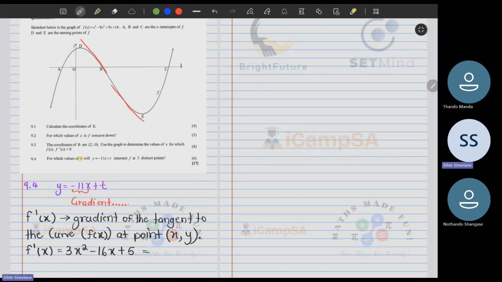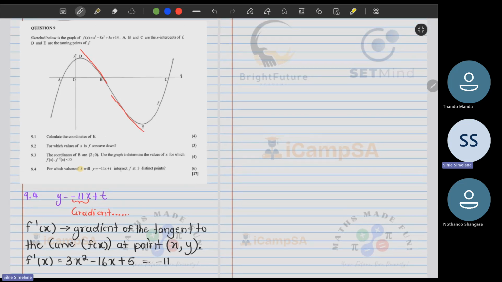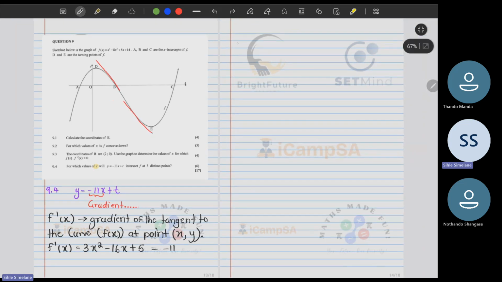So we can try and find out when this expression has a gradient of negative 11. That will tell us where this line is touching our graph. So we are just going to solve an equation where we transpose that negative 11, and we end up having 3x squared minus 16x plus 16 equal to 0.